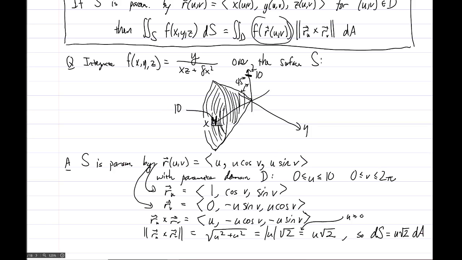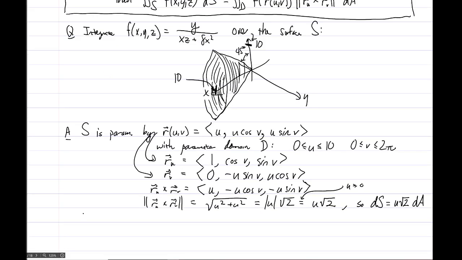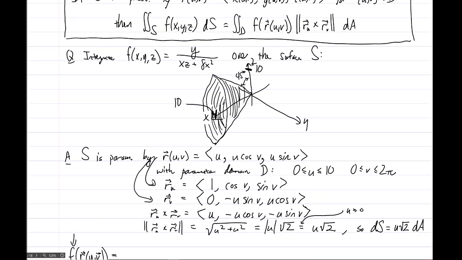The next thing we need is f of r of u comma v. Now this is a little funky, because to feed into f, you're supposed to feed in three separate real numbers, and this composition's a little odd.